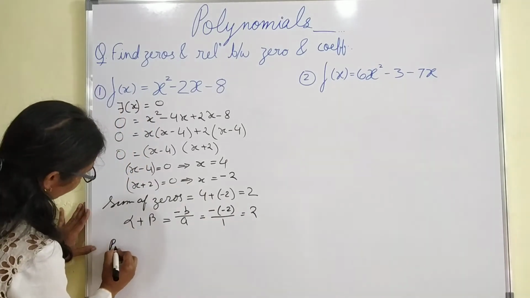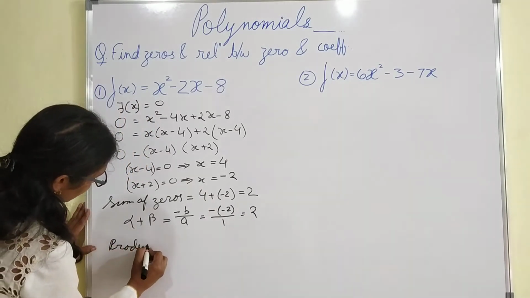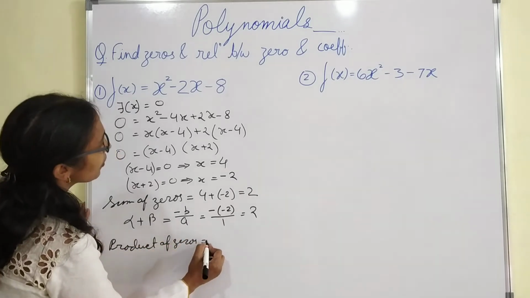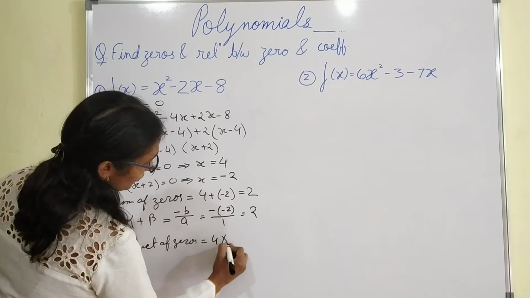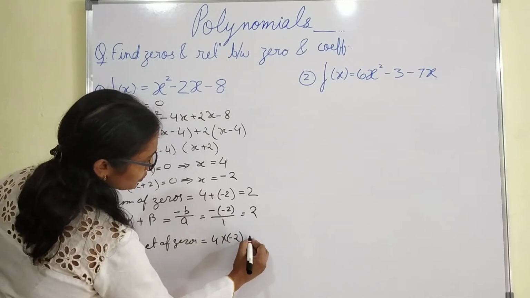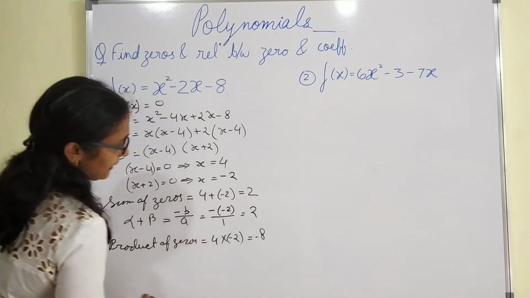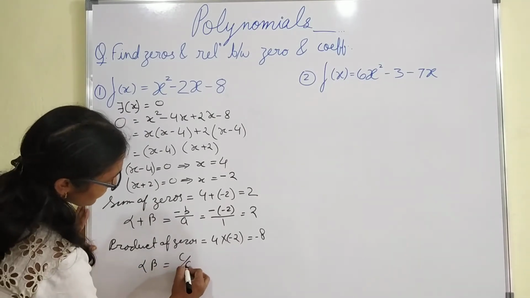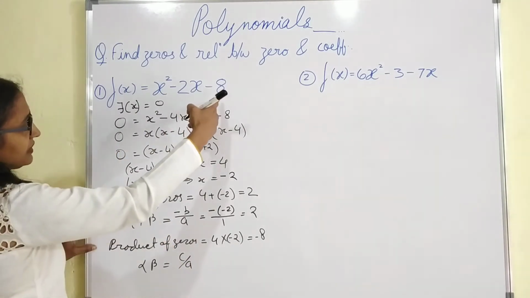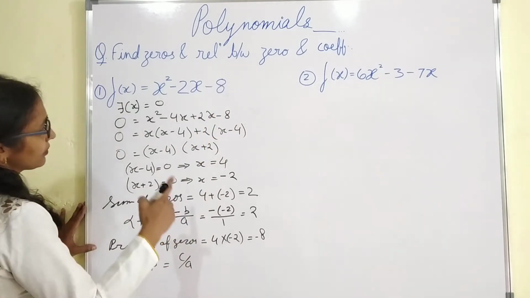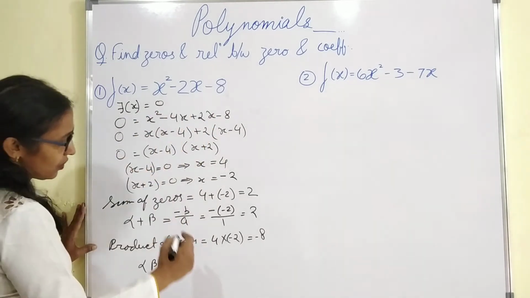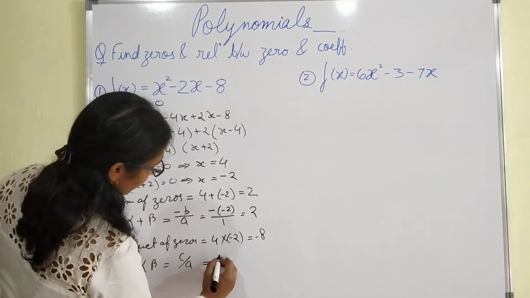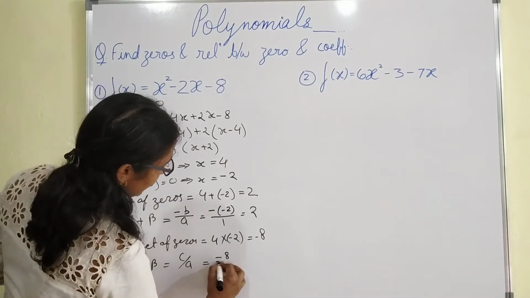Now, product of the zeros. Product of zeros is 4 into minus 2, that is minus 8. So, product of zeros is c upon a, c divided by the coefficient of x square. So the product is minus 8.